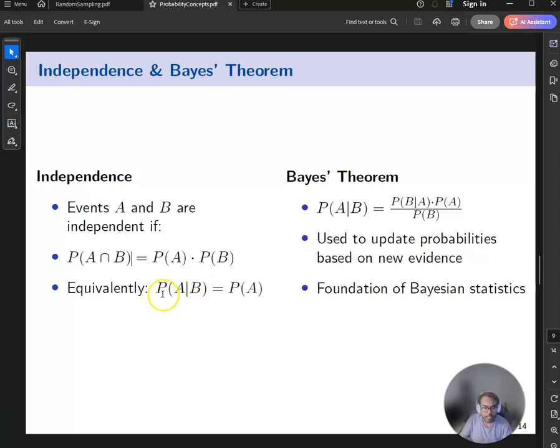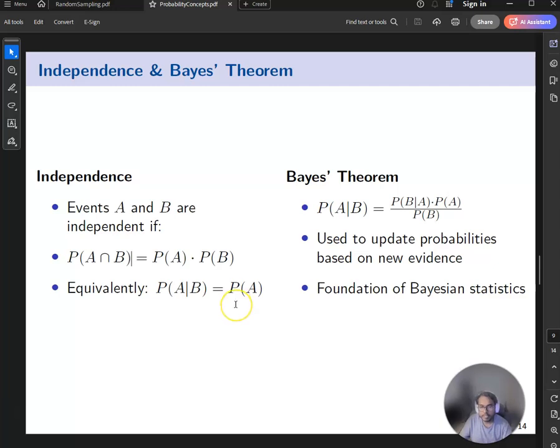It also means that P of A given B equals P of A, which means that the conditional probability of A given B is just the same as the regular probability of A. In other words, B gives us no information about A. So this is the independent side.